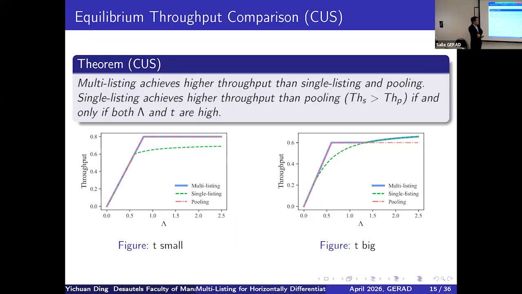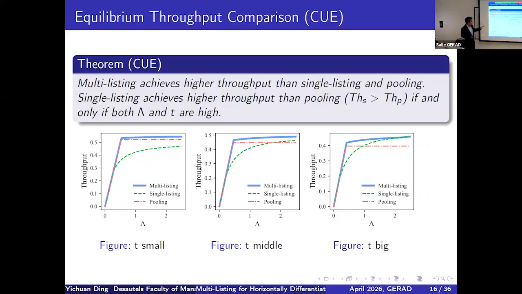But multi-listing is always better because it takes the maximum of either single listing and pooling. This is the multi-listing curve. Okay, so the takeaway message is very clear. If you care about the throughput rate, you always choose multi-listing. Okay. And if you do CUE, multi-listing actually will be strictly better than the other two.